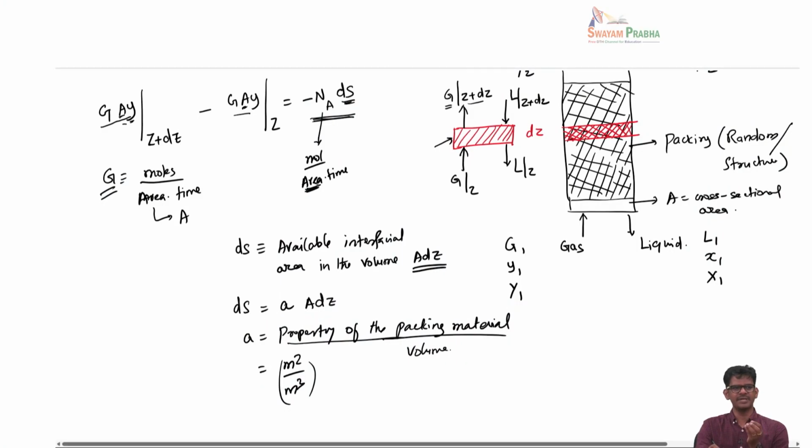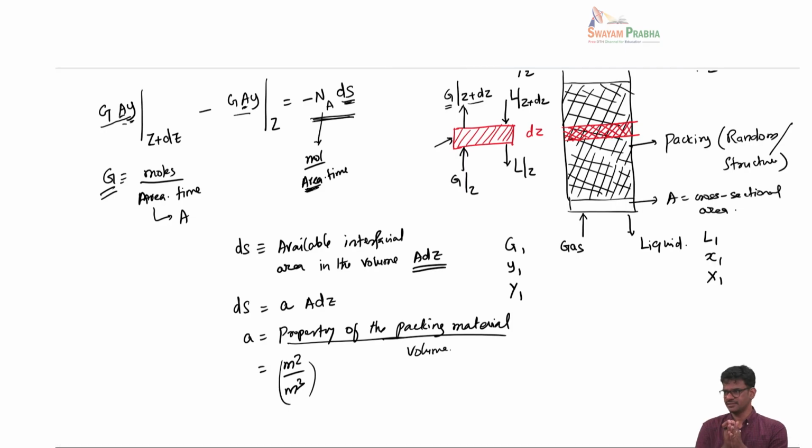Whereas when I look at the mass transfer rate, I am looking at how much mass transfer is occurring in the chosen region. In this case, the mass flux is with respect to the available interfacial area offered by the packing material. Suppose I don't have the packing, I can use the same A here also, but I do have a packing, and the mass transfer should be calculated with respect to that interfacial area.